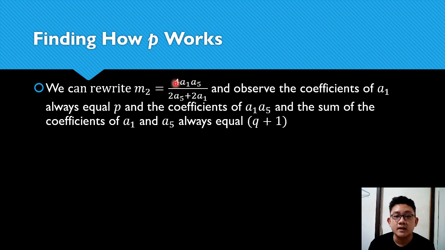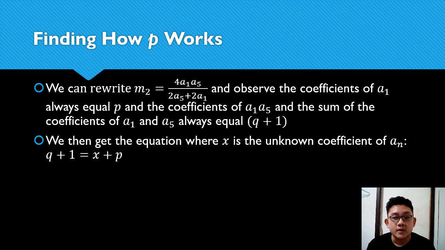We observed earlier that the numerator was always 4a sub 1 a sub 5, and down here we had 3a sub 5 plus a sub 1, 2 plus 2, 1 plus 3, all equal 4, which is one more than the number of means we inserted.